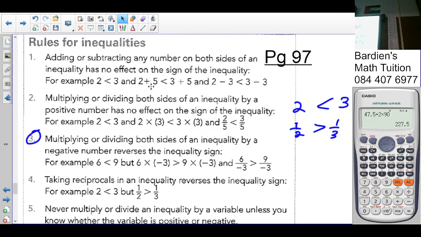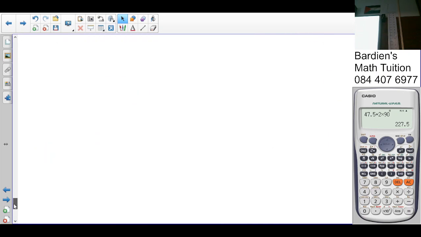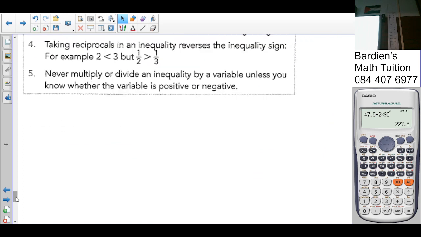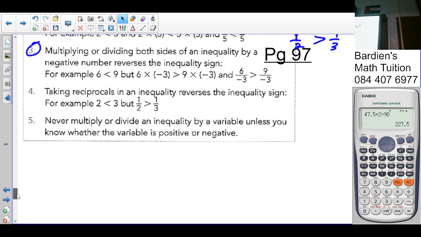And then rule 5 says, never multiply or divide an inequality by a variable unless you know whether the variable is positive or negative. Why?